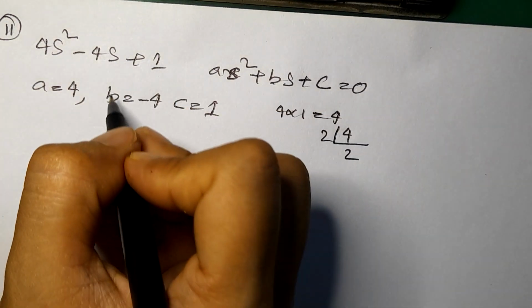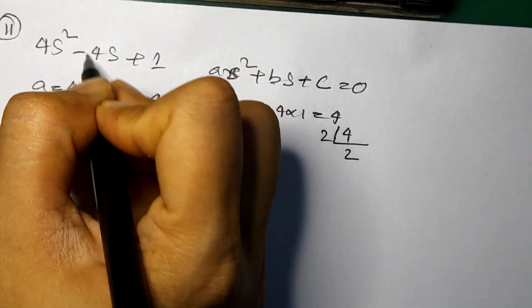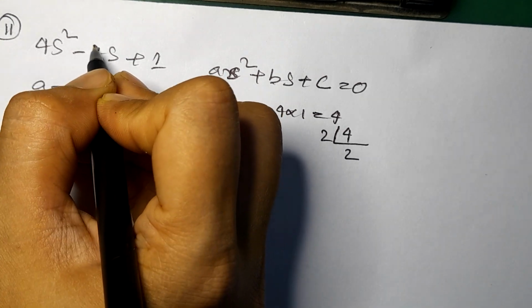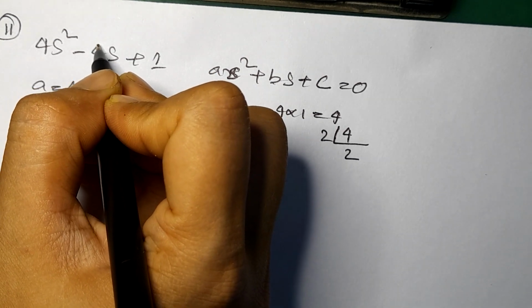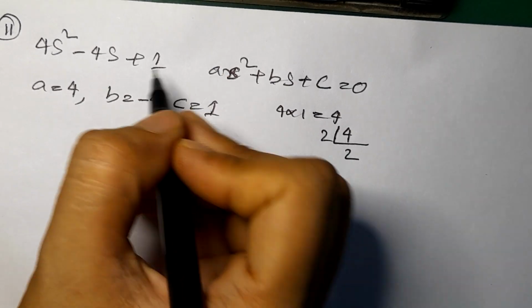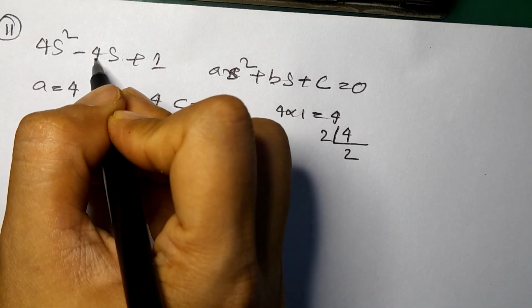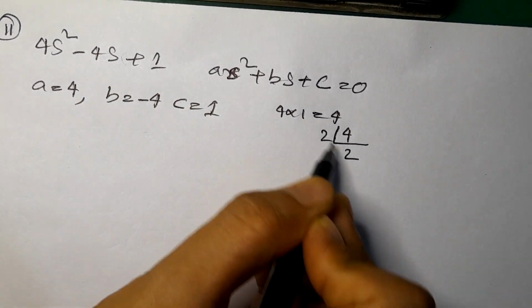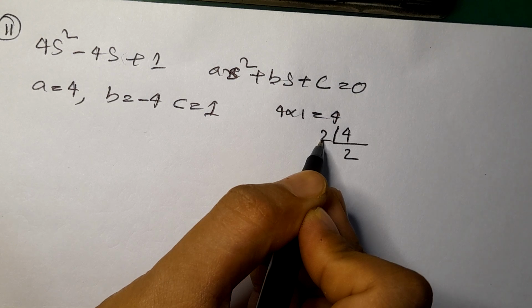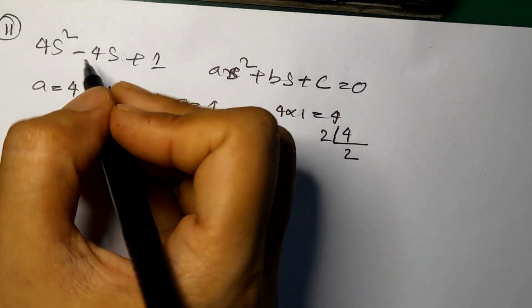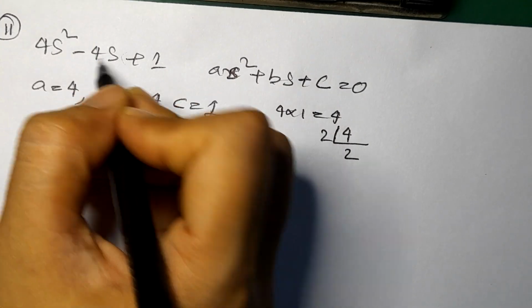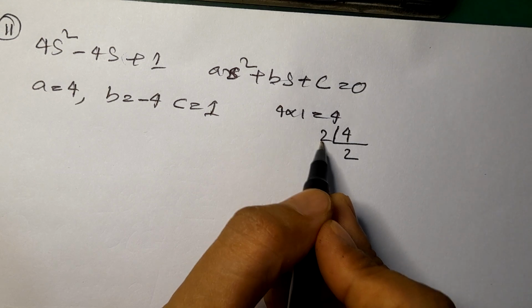We need b, 4, in front of s. So how are we going to find the 4? By addition. Here it's the addition sign. So we have to make the 4 by the addition of these two numbers. So 2 plus 2, that is 4. So instead of 4, now it has to be written as 2 plus 2.